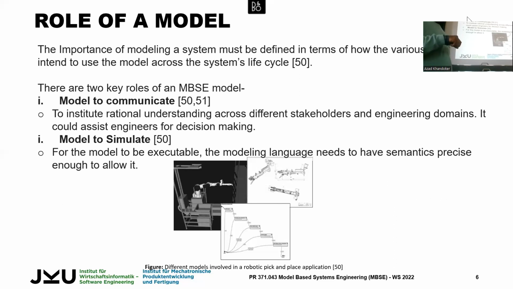So different models describe different situations, different views. Here, if we read it, model to communicate: to institute rational understanding across different stakeholders and engineering domains. It could assist engineers in decision making. So a model is supposed to help the engineer with decision making.